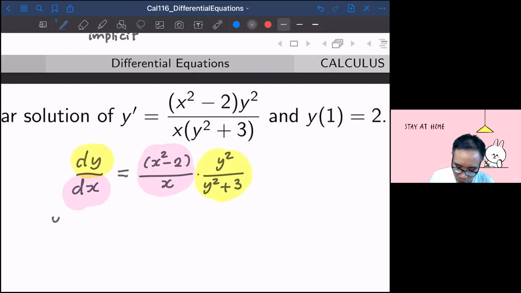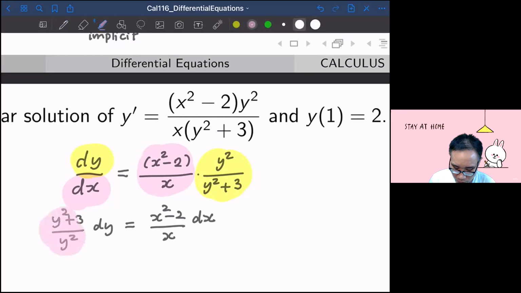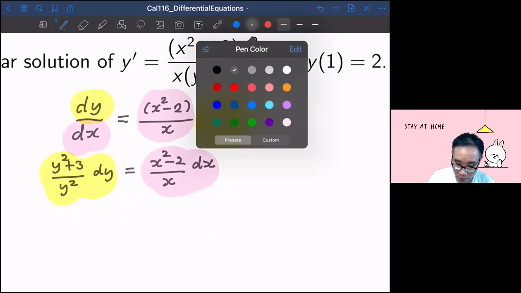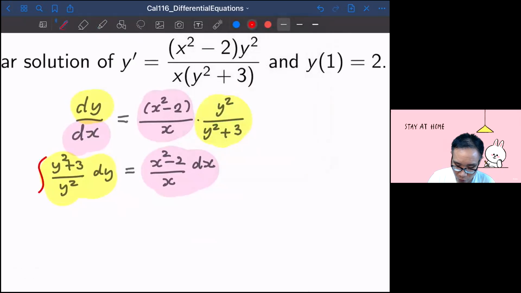So for this one, it can be written as y squared plus 3 over y squared dy equal to x squared minus 2 over x dx. So this one is the pink one and the yellow one. And you can integrate both sides.